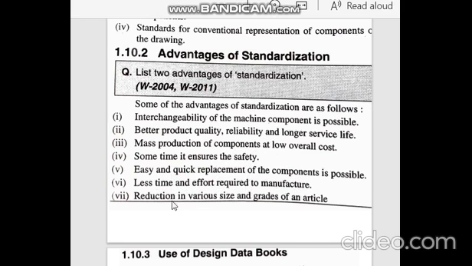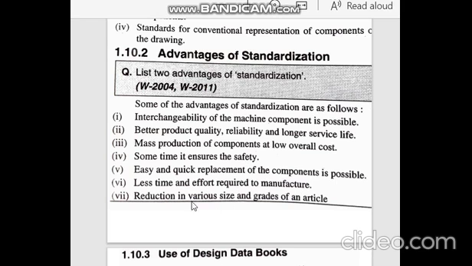And then various sizes and grades: a reduction in the sizes. As I told you, you will find a 10 number nut and 11 number nut, not 10.5 or 10.6 or 10.7 nuts.